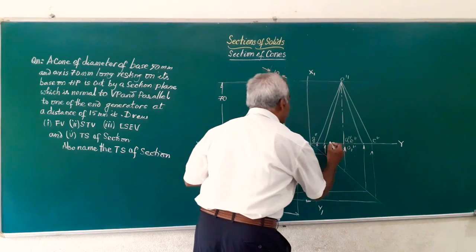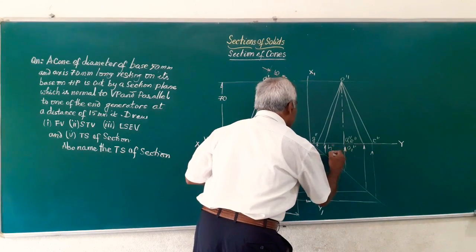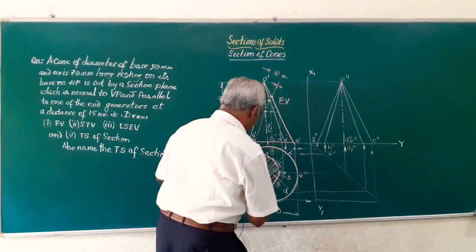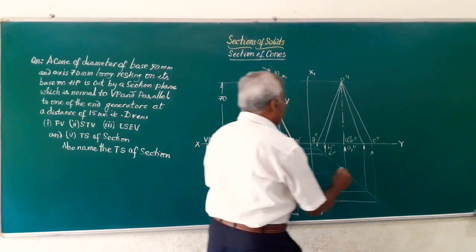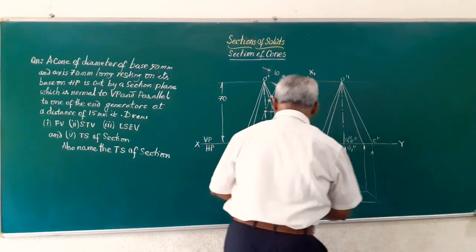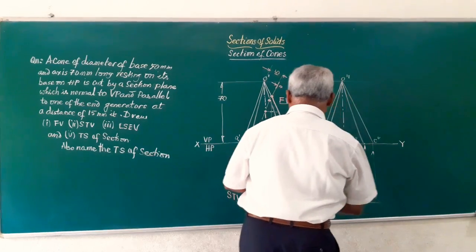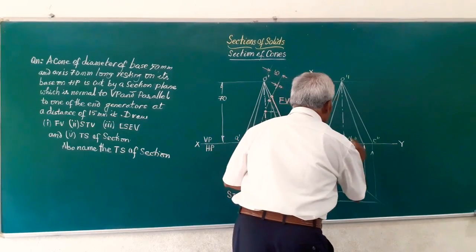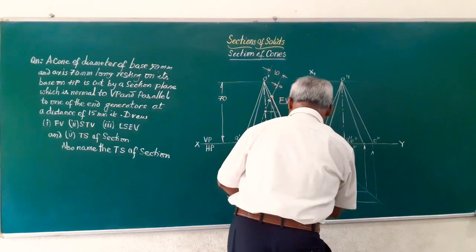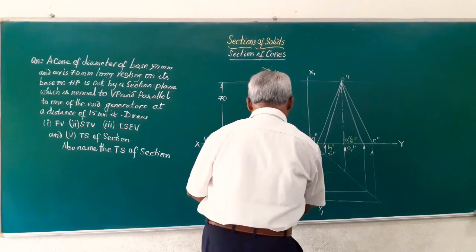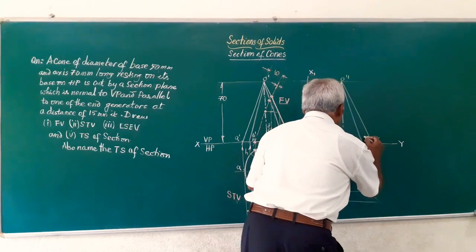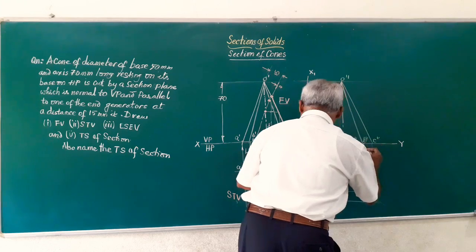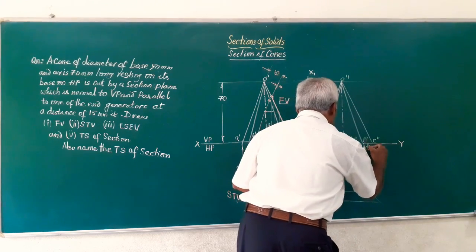So, the H and F, H double dash, F double dash, here last is BD, B double dash and D double dash. Center is AE, this is finally B and D, they will be on the same line, B double dash and then D double dash.